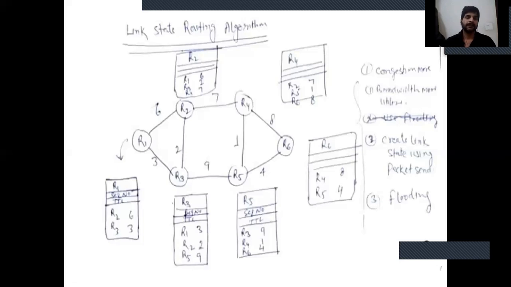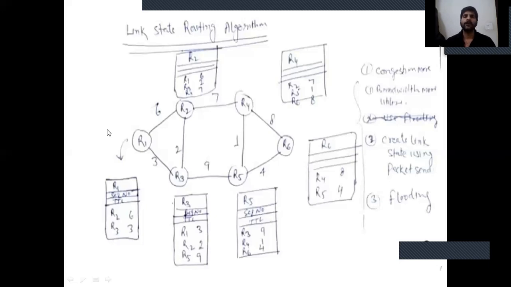R1 sends a packet. Each packet contains several pieces of information like the sequence number, TTL (time to live), and the adjacent values, R2 6, R3 3. Similarly, R3 contains its neighbor details like 3, 2, 9.